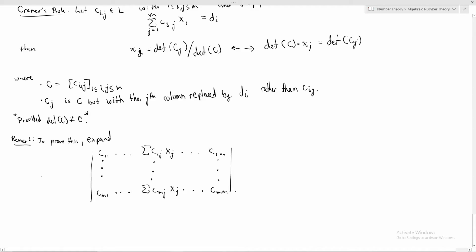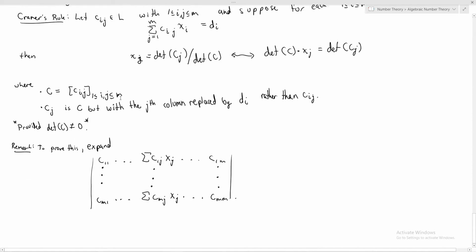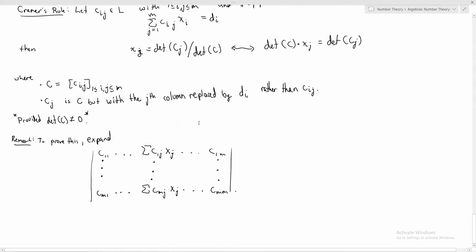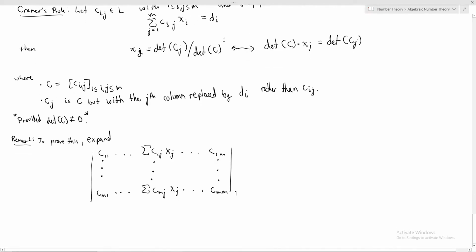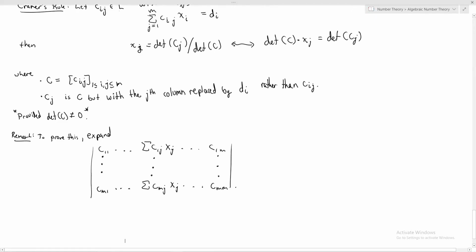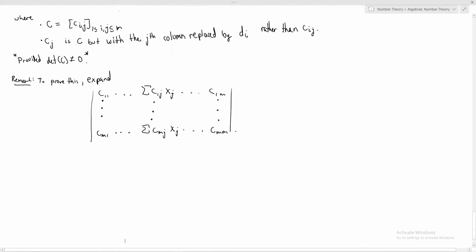So we want to use Cramer's rule in this proof. To use it, I need to come up with what my matrix C is and what these elements d_i are.